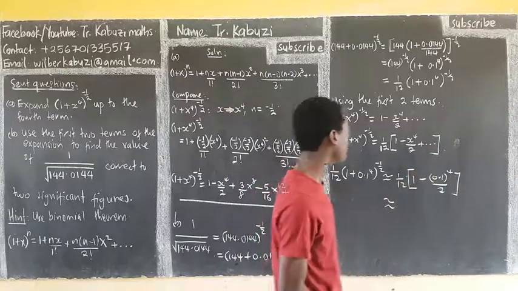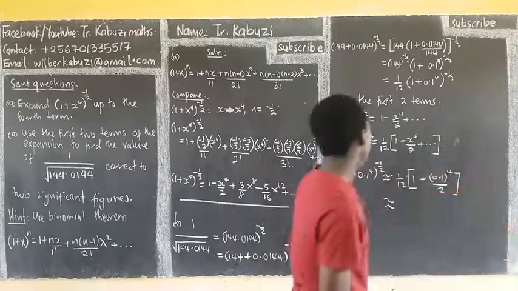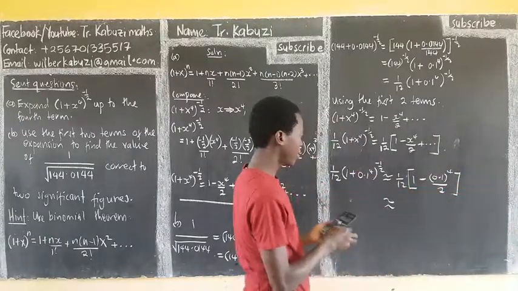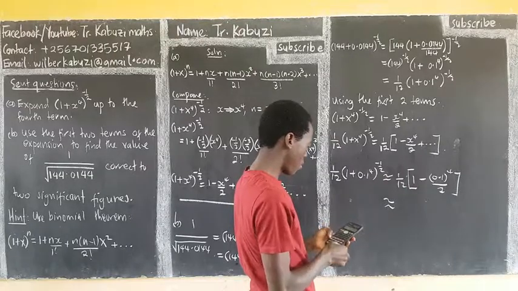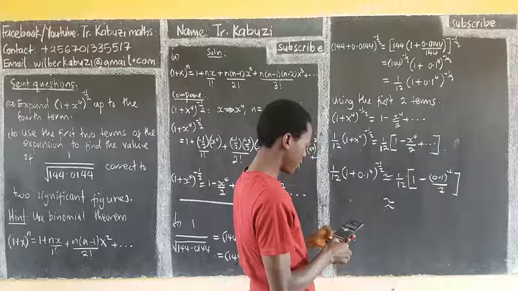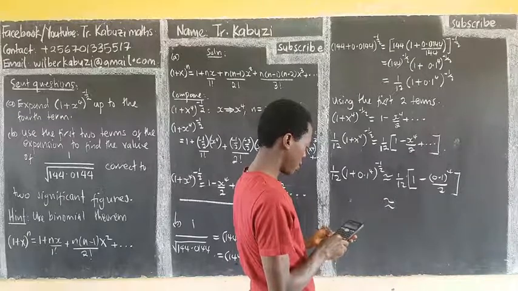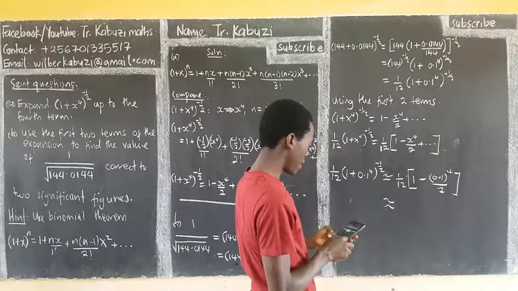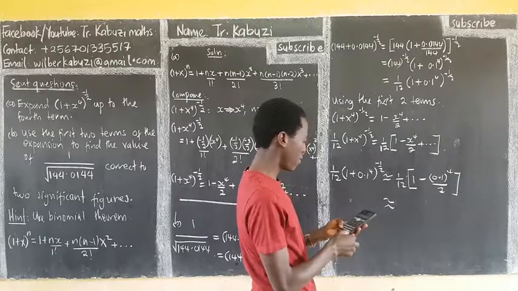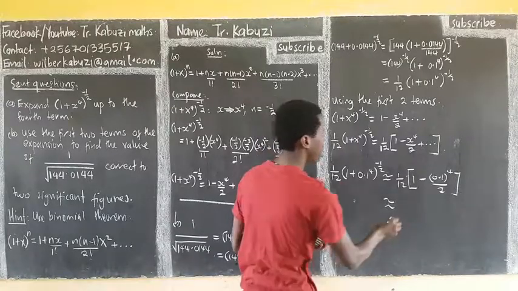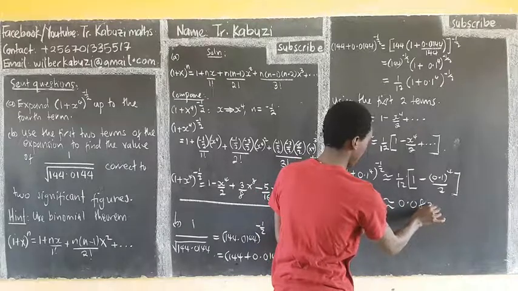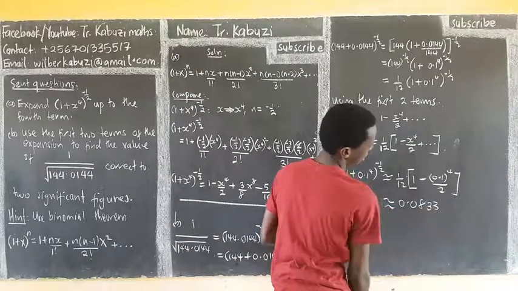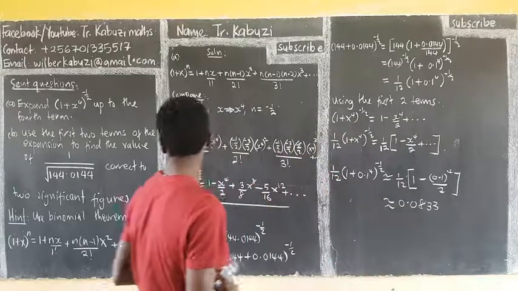Okay, so now we just compute this. And we see this one is going to be 0.1 power 4 divided by 2, 1 minus the answer, divided by 12. So the answer I'm getting is 0.0833. Now they told us to give two significant figures.